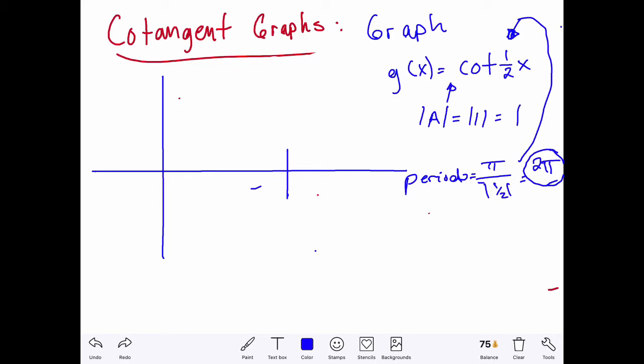So, again, remember how we talked about how for cotangent, which is cosine over sine, at 0 is where we ended up having that vertical asymptote. So I essentially have a vertical asymptote at the y-axis here.